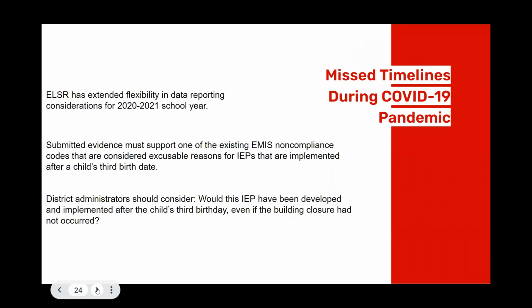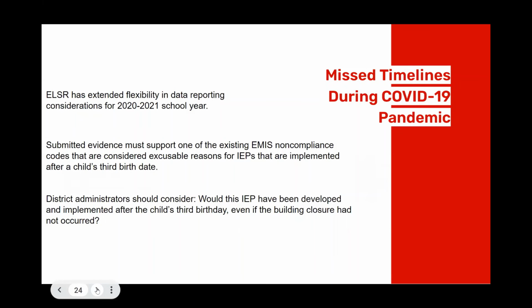This year, again, if there are missed timelines during the pandemic, the Office of Early Learning and School Readiness has extended flexibility in data reporting. You would still need to submit evidence that would support one of the existing EMIS noncompliance codes that are excusable reasons for IEPs that aren't implemented after a child's third birth date.